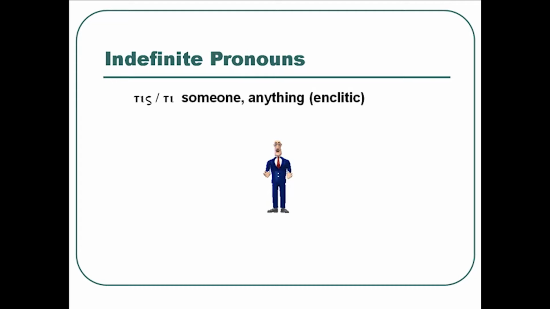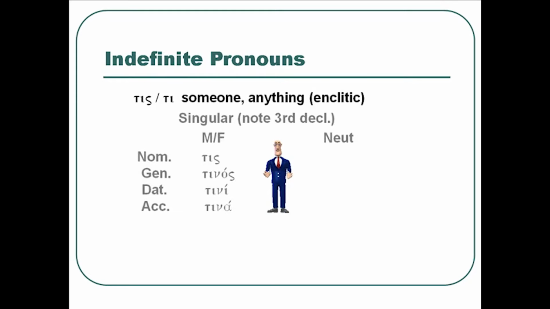The indefinite pronouns give us the translation someone or something or anyone, anything, the kind of whatever pronoun. And they are tis, ti. They decline as follows. You've got the tis, tina, tini, tina. You'll notice that the nominative form does not take the accent. And actually the accent occurs on the ultima for the others.